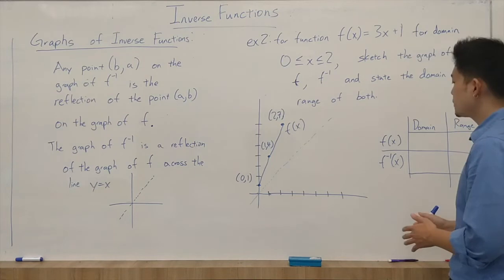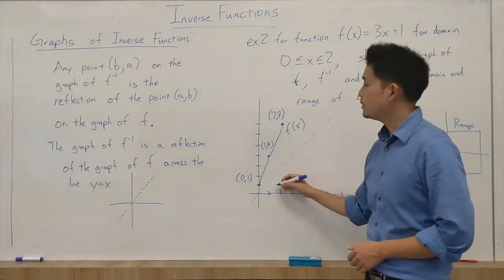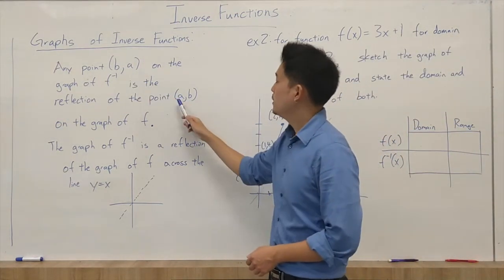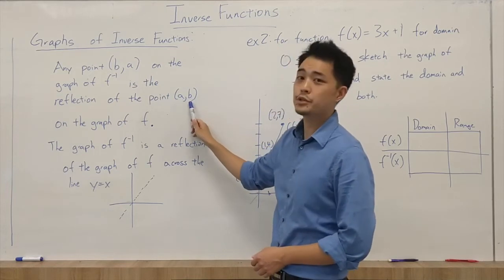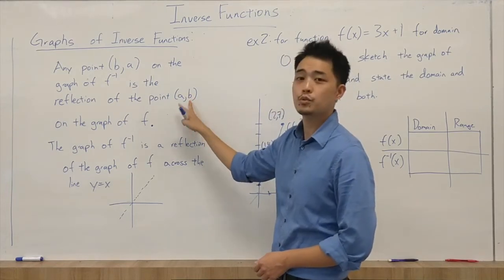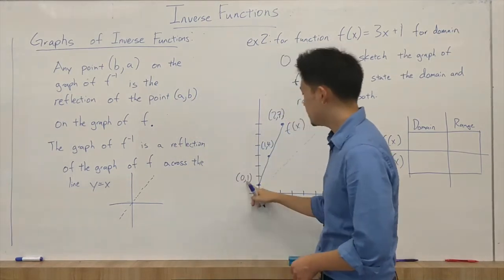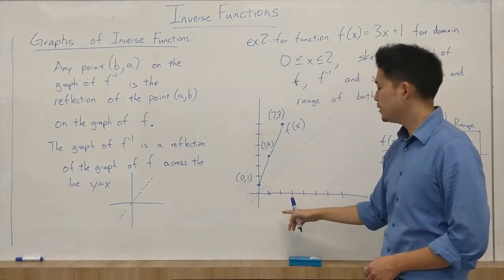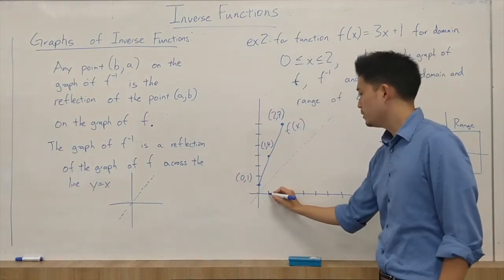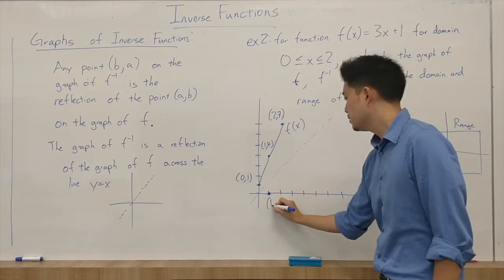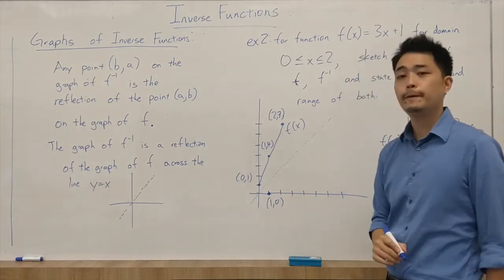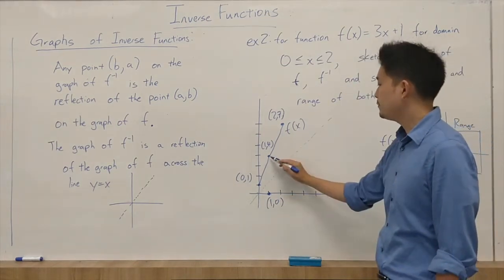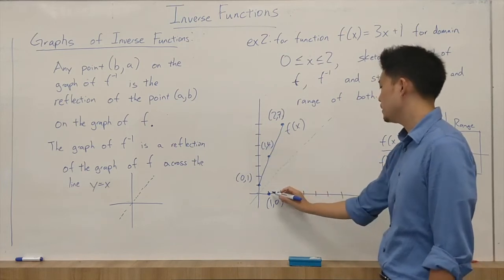Now the next piece is the inverse function. And according to this property, any point (a, b) on the original graph, we just flip them. We just swap the points, right? So if this is (0, 1), then I know on the inverse function, I'm going to be at (1, 0), right? I know that for this guy, (1, 4), let's just swap it again.